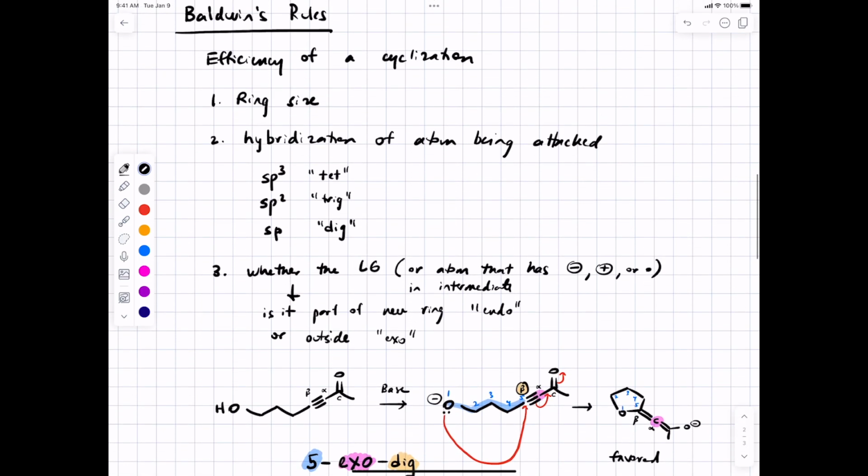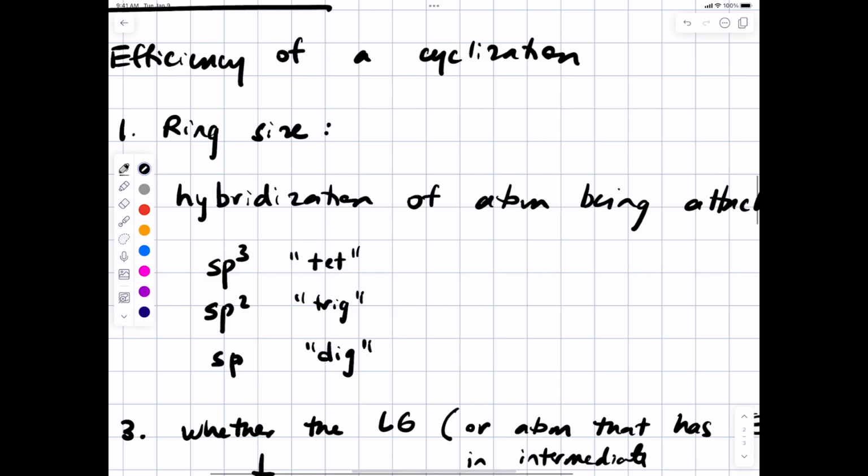In terms of ring size, what they observe is what you would expect based on a combination of ring strain and degrees of freedom that you're constraining in the ring being formed. So 5-membered rings are a little bit easier to make than 6-membered rings. You might say, hold on, I thought you said that 5-membered rings were a little more strained than 6-membered rings. That's true, but why would 5 be easier? Does it have to do with the envelope?